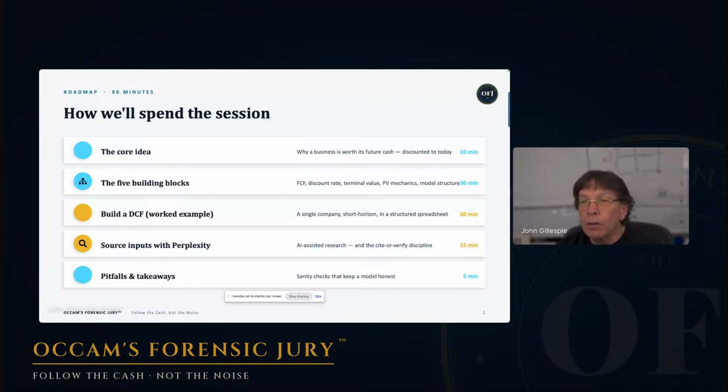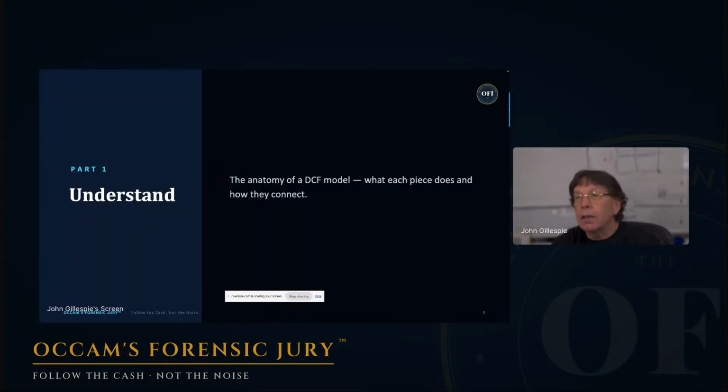And we'll talk about some of the pitfalls and takeaways, and there are many. This is not a short circuit approach to doing lots of things mindlessly. If you do it mindlessly, you'll end up regretting it later. Here we want you to understand how you make up a DCF model, what each piece of it does, and how they connect.